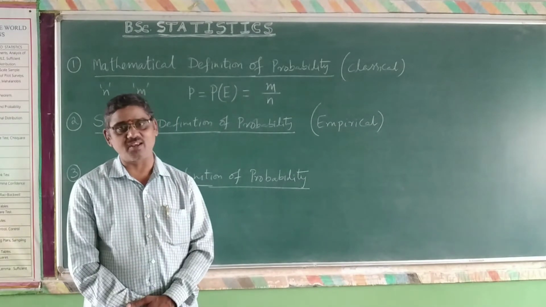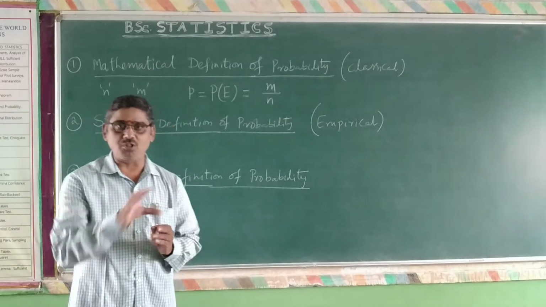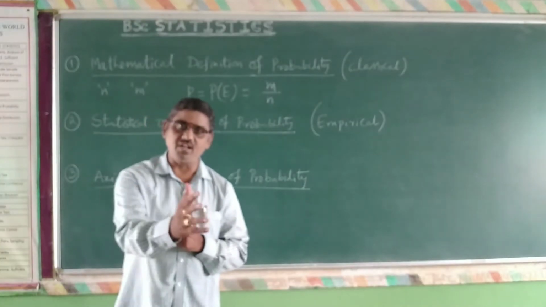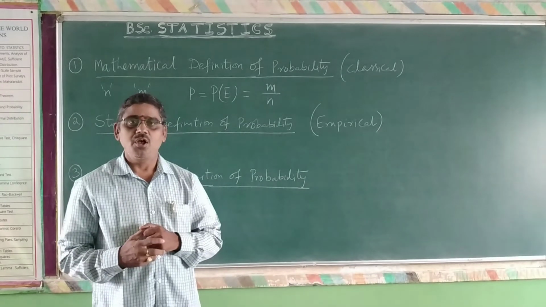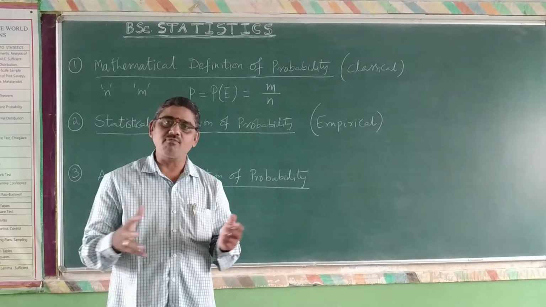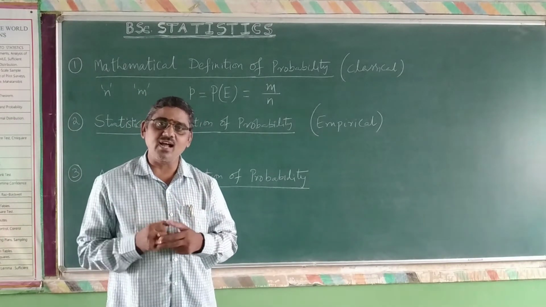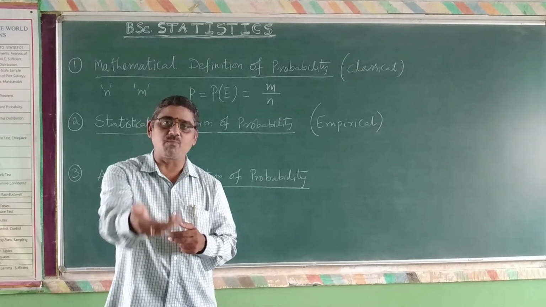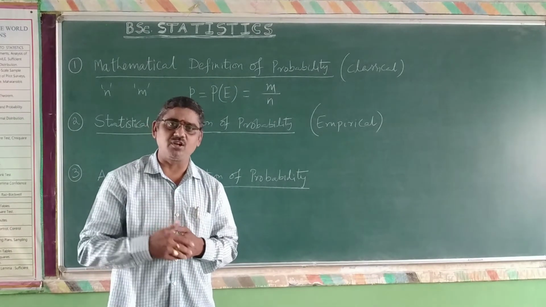We cannot specify them. In such a case, by observation, if you want to calculate the probability of an accident in a particular city, we can collect some data. Based on the data, we can calculate that this percentage of accidents has taken place. So the percentage is the probability: 15%, 10%, 2%.